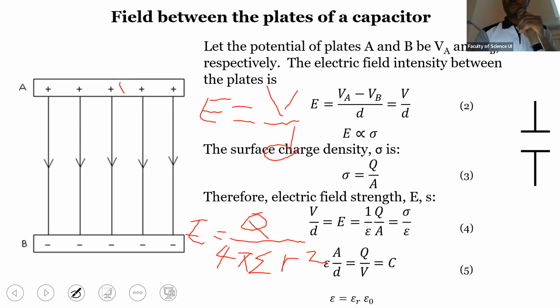So we can replace 4 pi R squared with A.